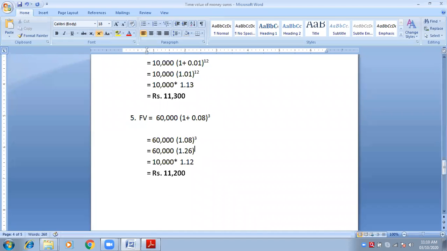1.26. So 60,000 has to be multiplied with 1.26.